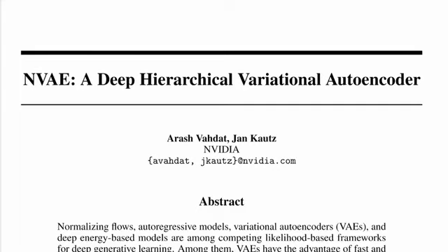As I said, on a high level, this paper is about how to build a deep hierarchical variational autoencoder, which is sort of a combination of already existing techniques combined in a clever way, and then listing all the engineering efforts that you need to do to actually make this work.